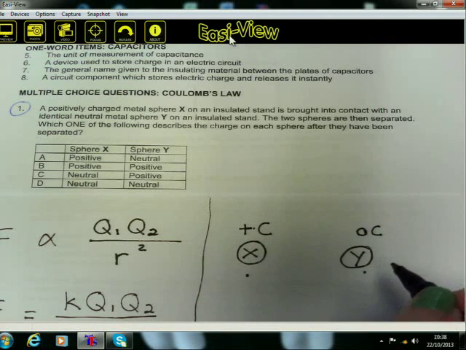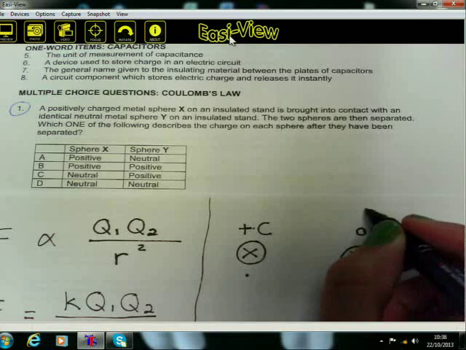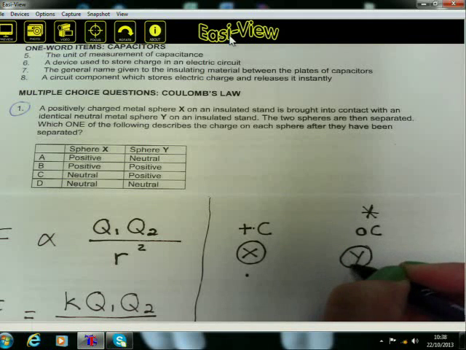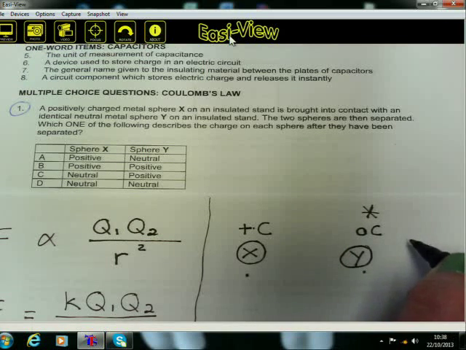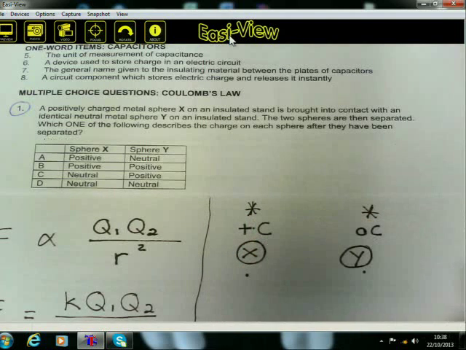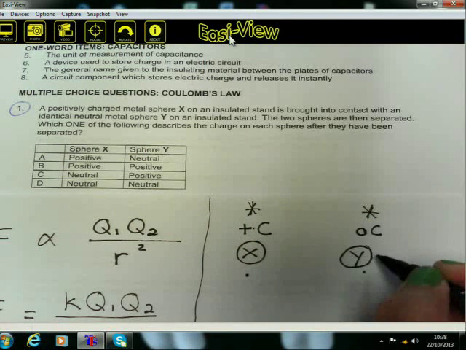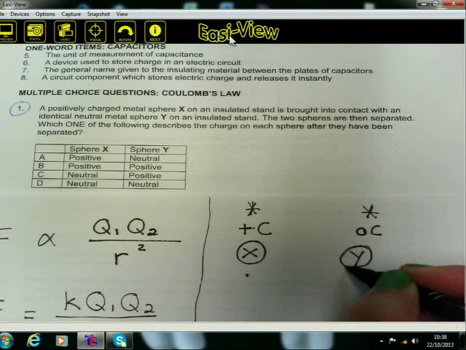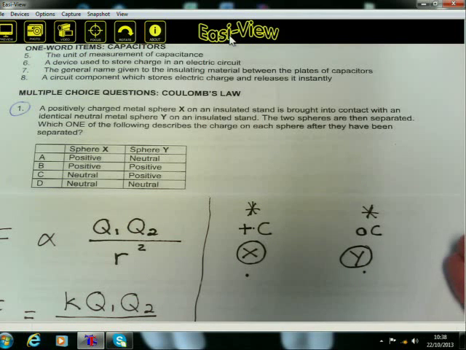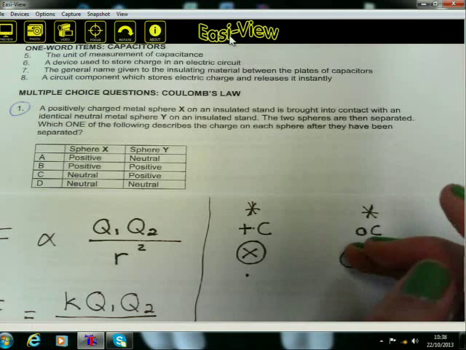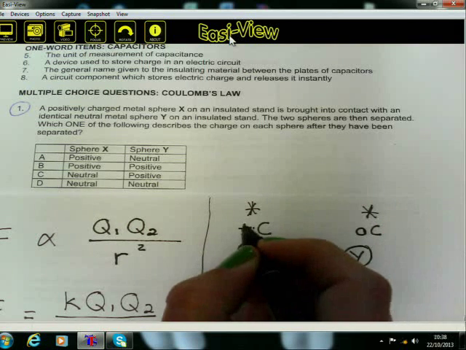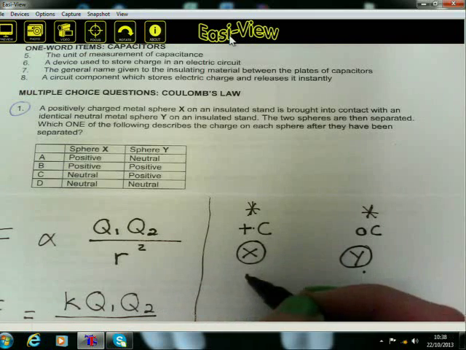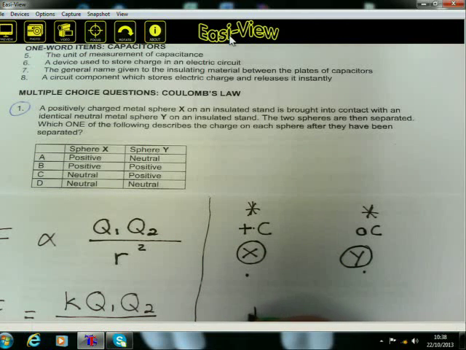I hope that you guys agree with me that sphere Y is more negative than sphere X. Why do I say that? Sphere Y has more negatively charged electrons than sphere X because it's 0, so it's more negative. This one is positive, so it's more positive than 0, because you get the positive, then the 0, then the negative.